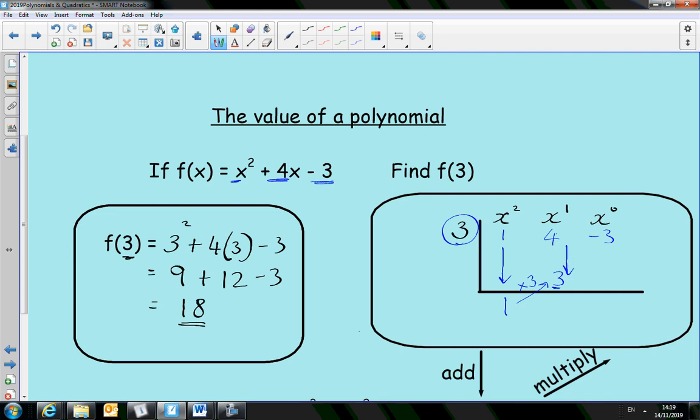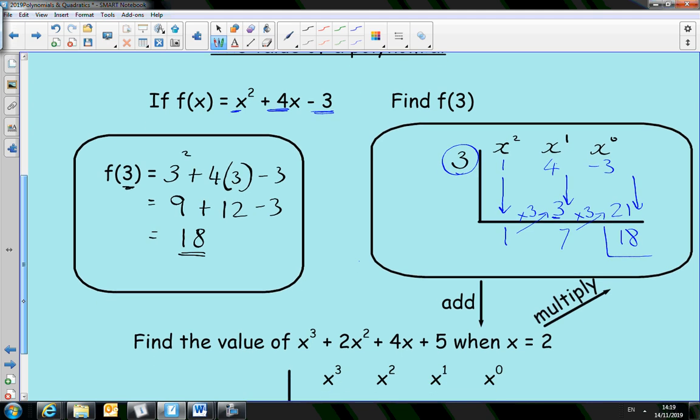So 4 plus 3 is 7. And then we're going to multiply again by 3, gives me 21. Coming down the way, we're going to add. Negative 3 plus 21 gives you 18. And that's your final answer, which ties into exactly what we got in our first method.